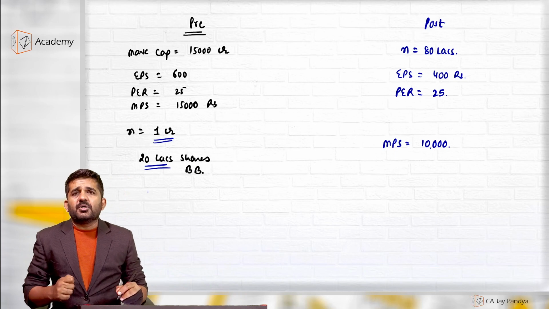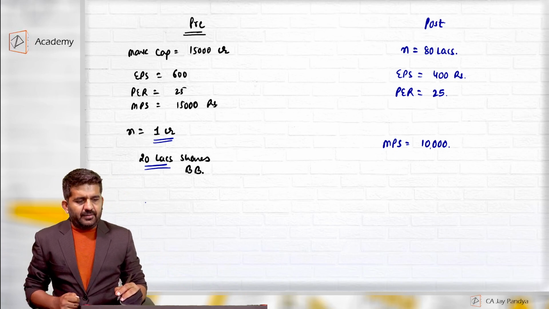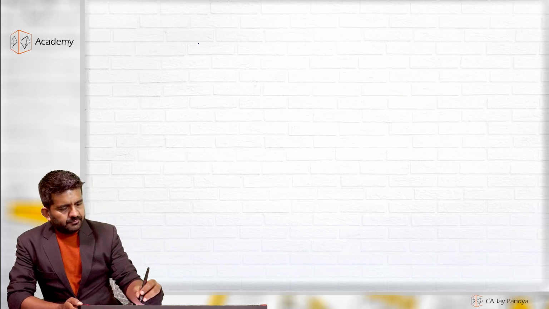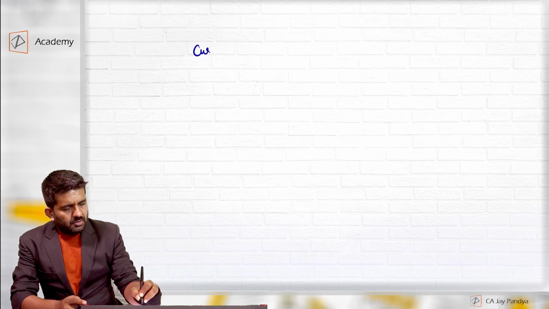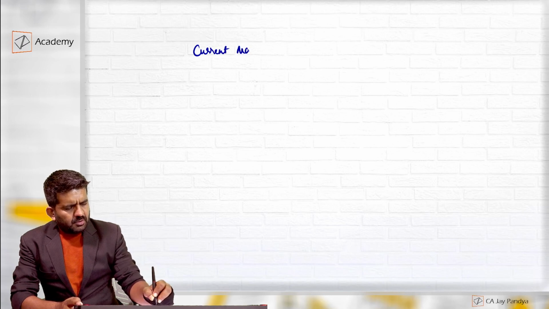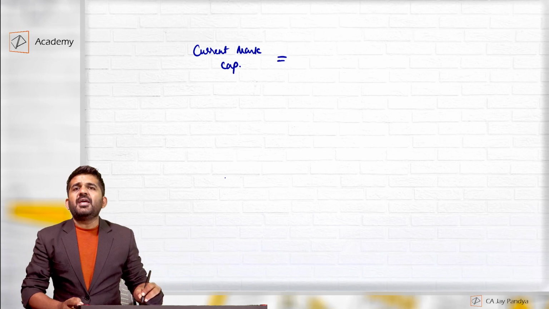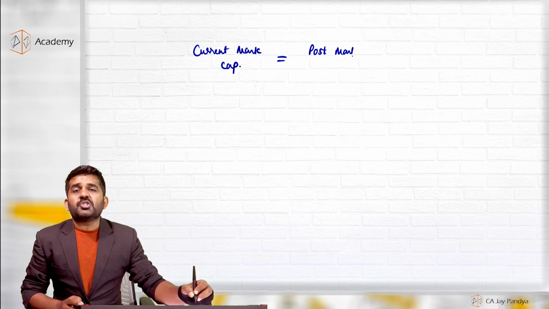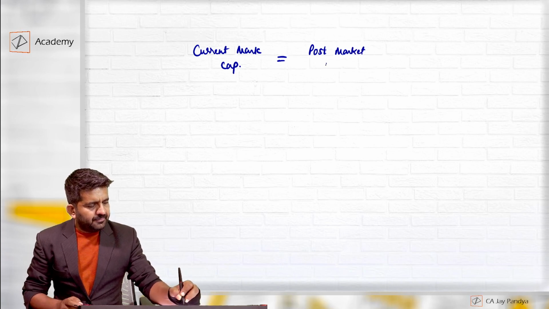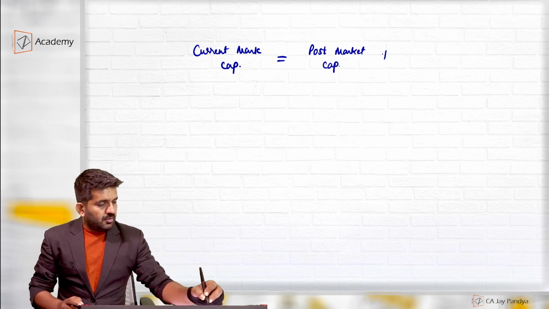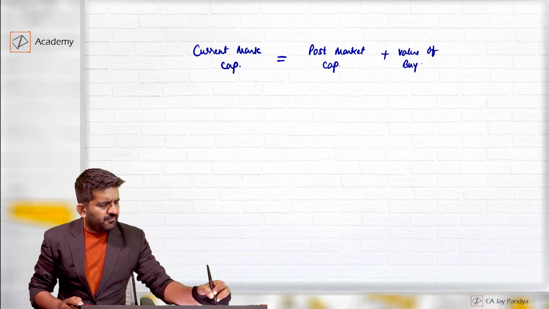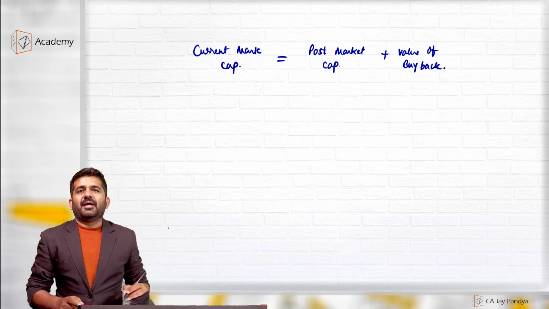Now let us try to understand a simple equation of buyback. Your current market capitalization is 15,000. Current market cap should be equal to post buyback market cap plus value of buyback.